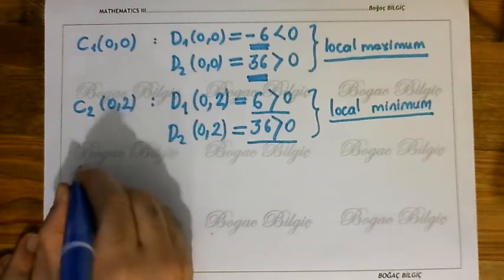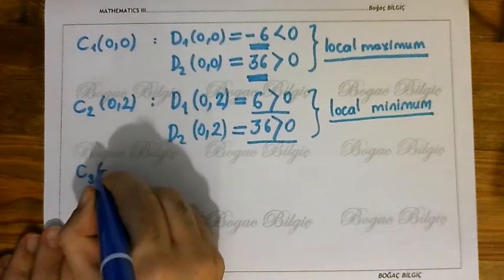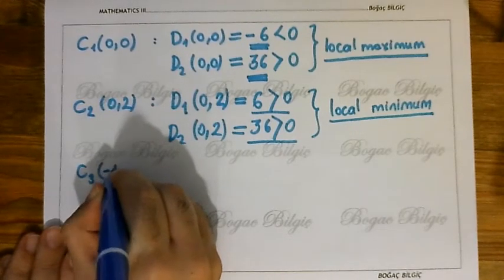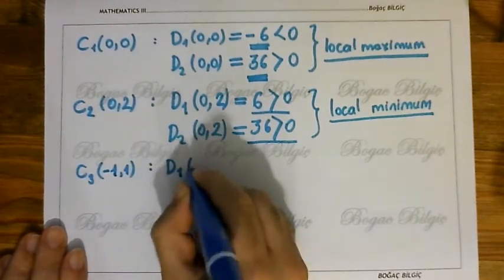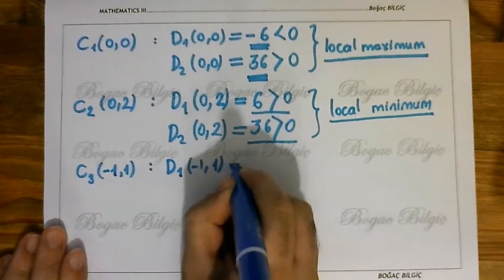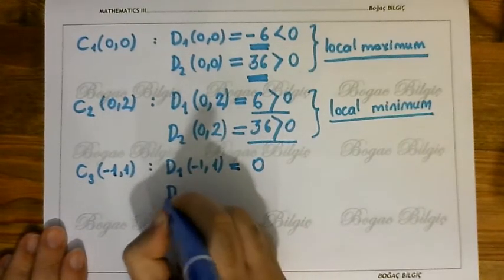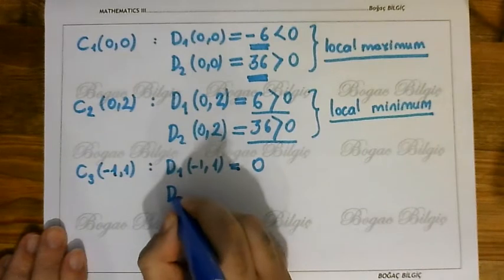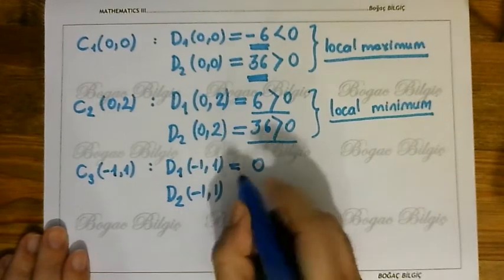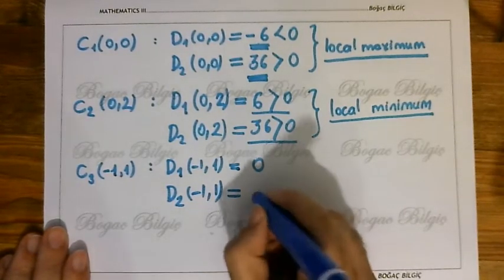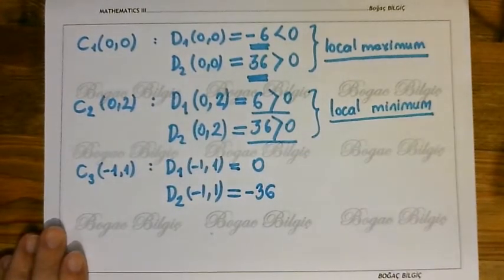Similarly, for C3, critical point 3, (minus 1, 1), we compute D1(minus 1, 1) is equal to 0, and D2(minus 1, 1) is equal to minus 36.